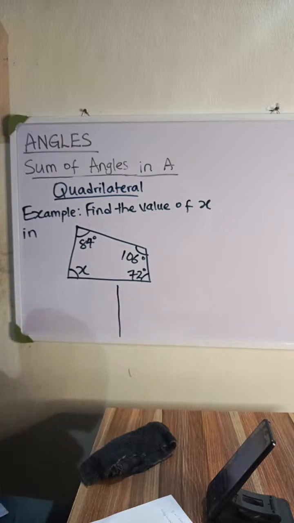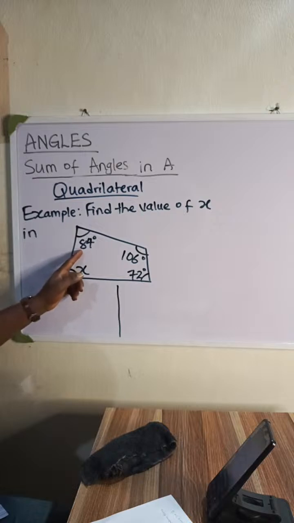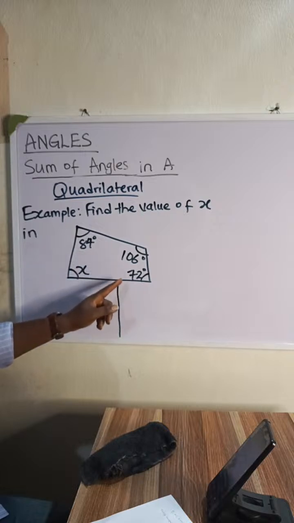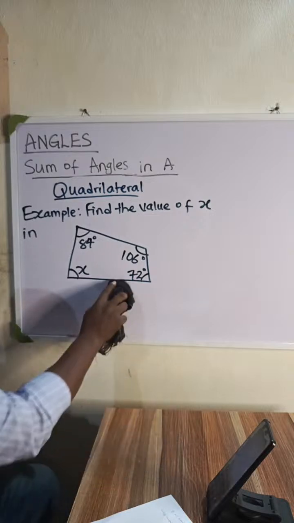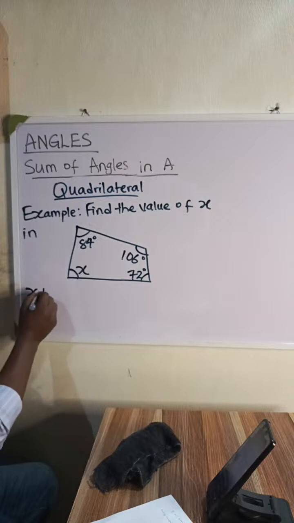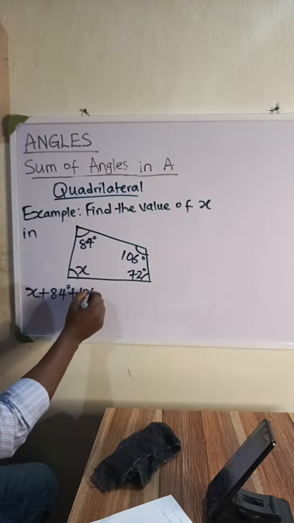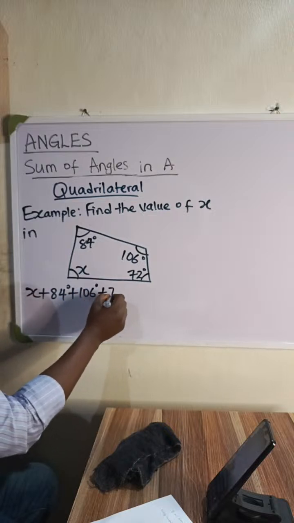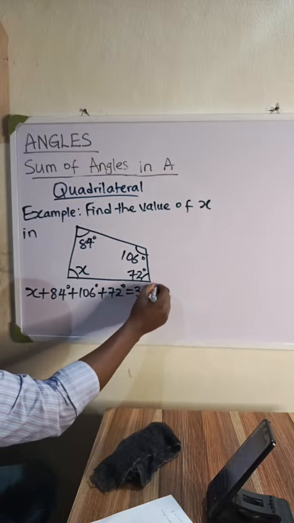We know that the sum of angles in a quadrilateral is equal to 360 degrees. That means x plus 84 degrees plus 106 degrees plus 72 degrees is equal to 360 degrees.